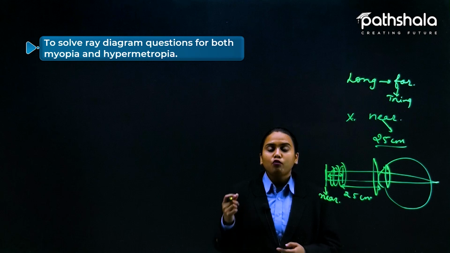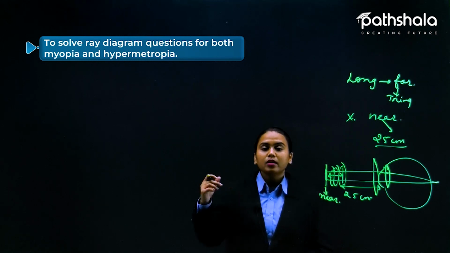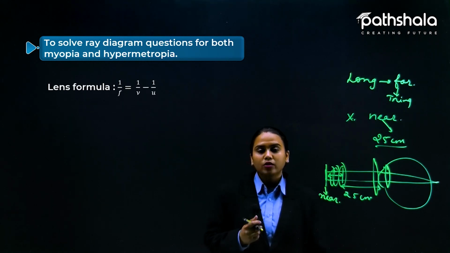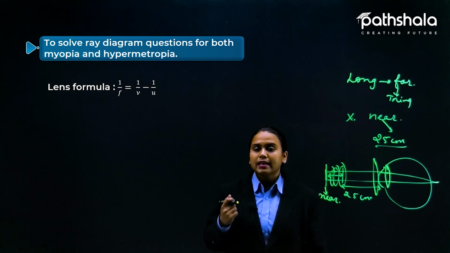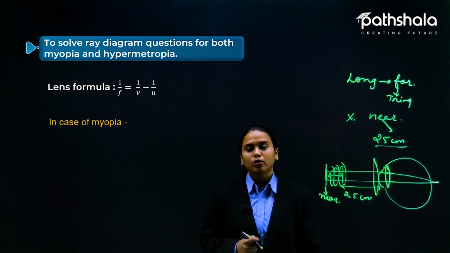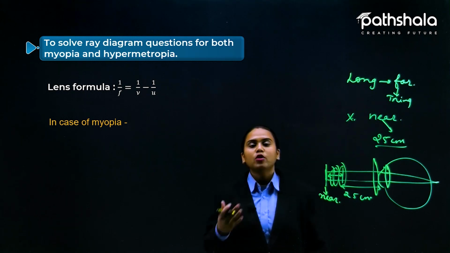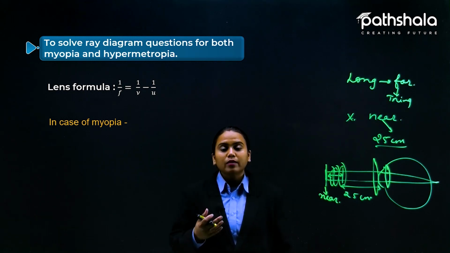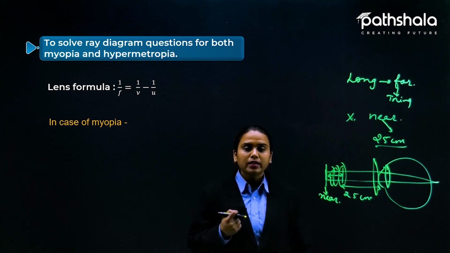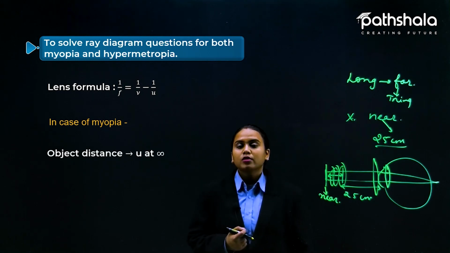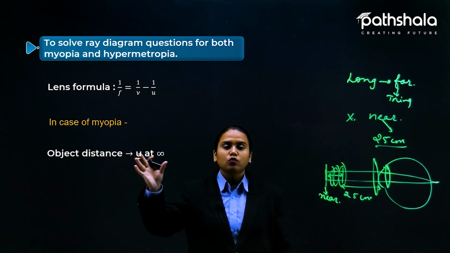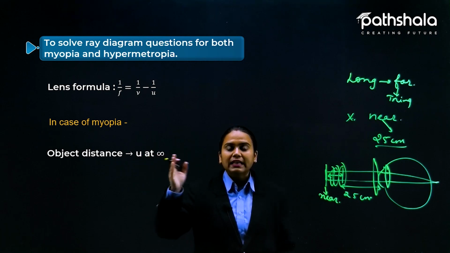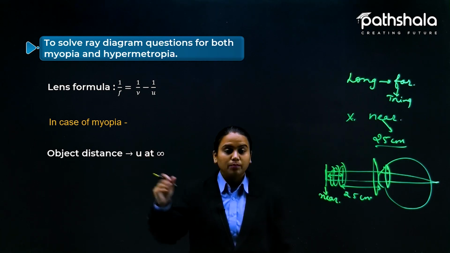So for solving, there are certain things you need to be concerned about. The lens formula is 1/f = 1/v - 1/u. But in the case of a myopic eye, which lens are you using? Concave lens.